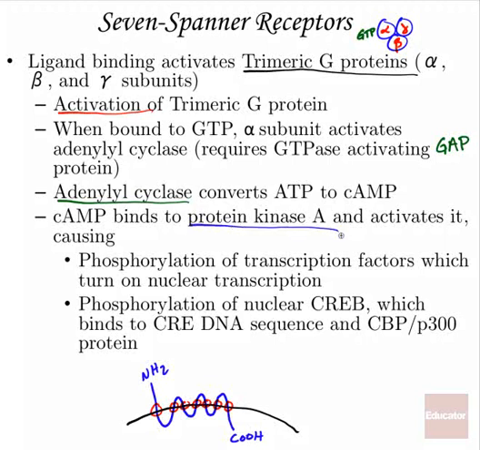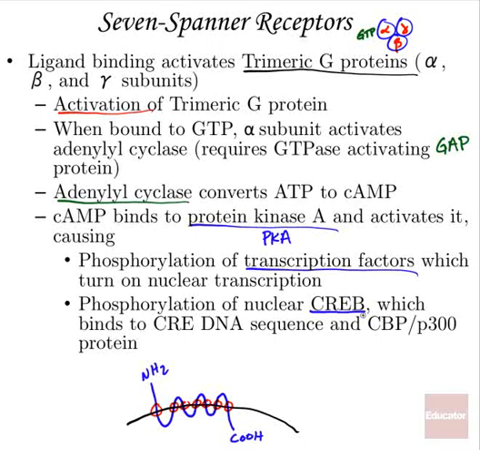Protein kinase A, otherwise known as PKA, will then be able to phosphorylate many different proteins, some of which can be transcription factors. So PKA, once activated, can phosphorylate transcription factors, which will bind to certain pieces of DNA in the nucleus and affect transcription.